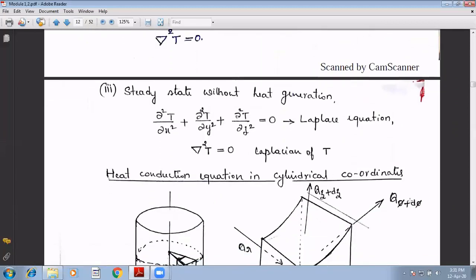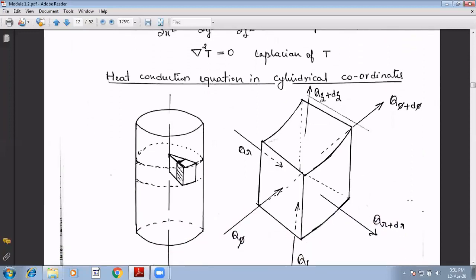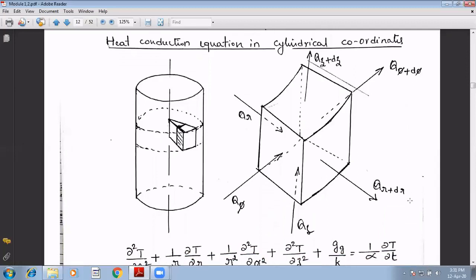This is the expression for Cartesian coordinates. In a similar way, we can derive it for cylindrical coordinates. We have considered a small element as shown in the figure. Now we have three directions.